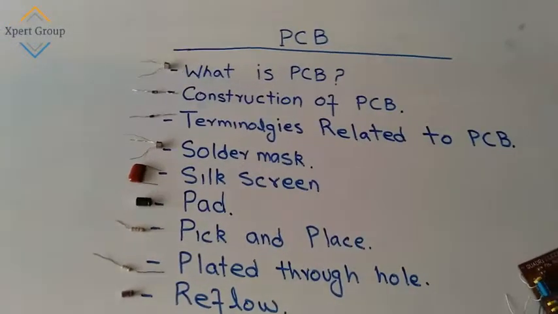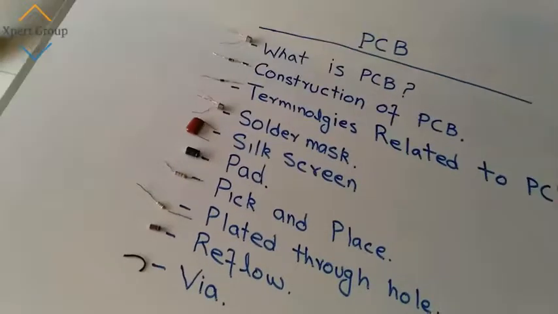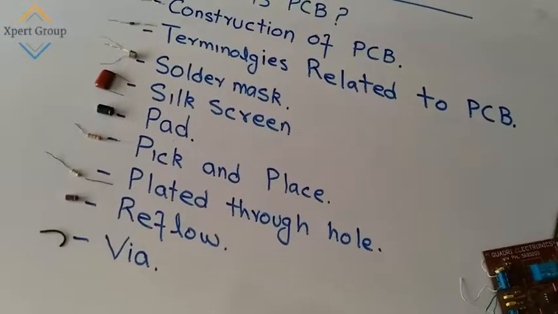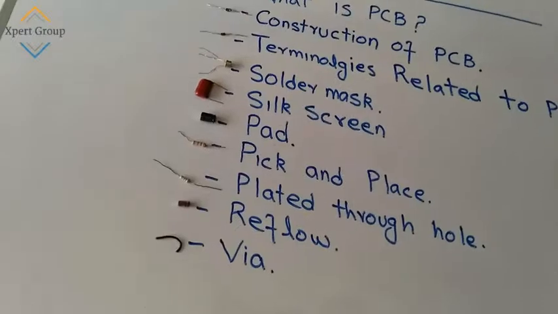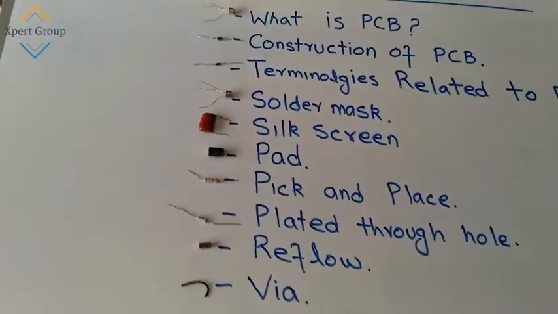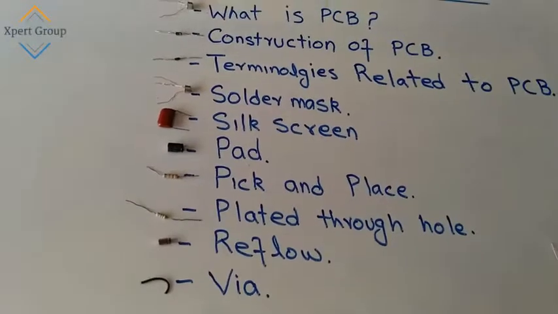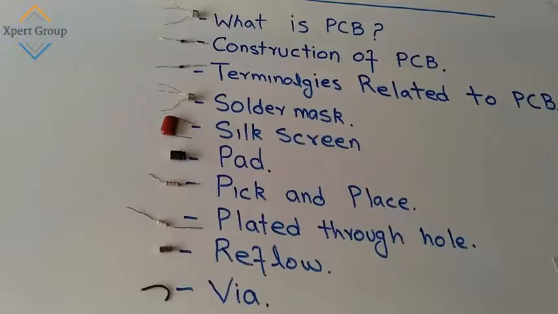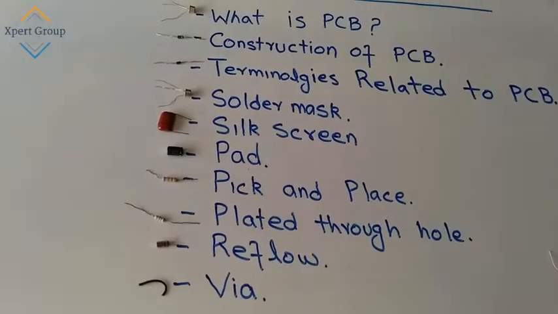Now the pads are basically the holes which provide sufficient placing for different components. Pick and place. This is a terminology of modern technology, in which a robotic machine picks and places different components on a PCB and then solders them.